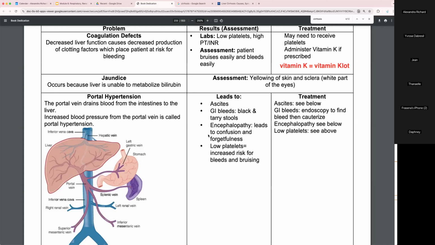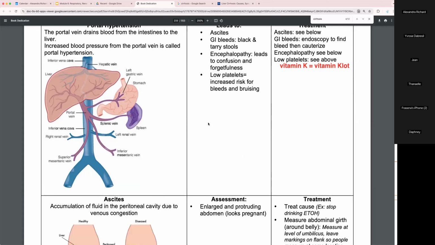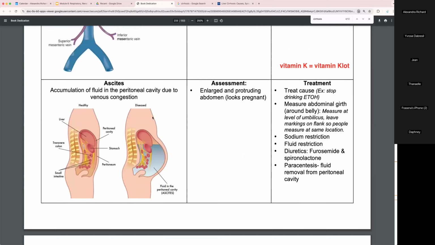So we're going to learn about each of these as we continue on. But ascites, we're going to learn about that next. GI bleed, we're going to learn about this in just a bit, and I've got a picture for you, okay? So just hang tight.